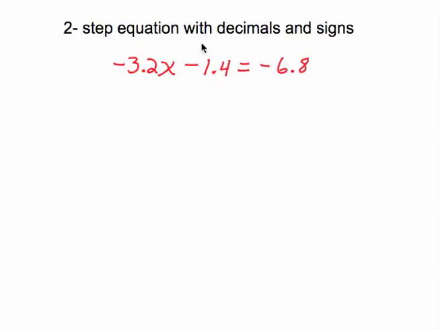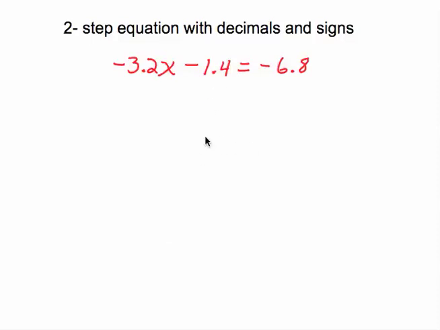Now we have to undo everything around the variable in reverse order of operations, which means we have to get rid of anything that's being added or subtracted first, and then we undo everything that's multiplied or divided. Well, here this 1.4 is being subtracted, so we need to undo minus 1.4.